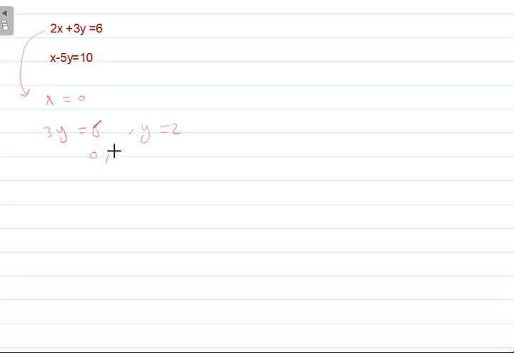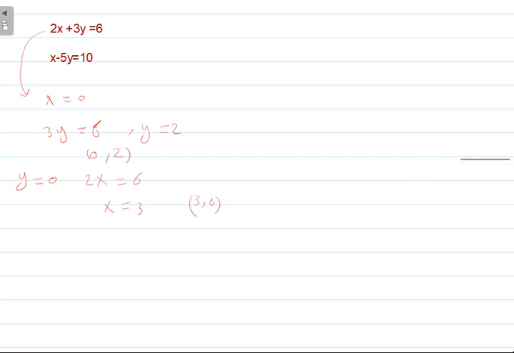I have (0, 2). When y equals 0, 2x equals 6, then x equals 3. I have another point, (3, 0).